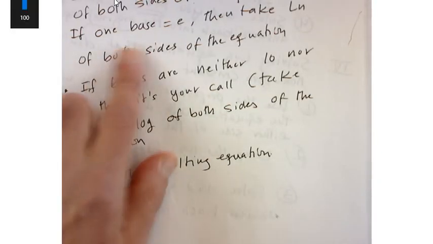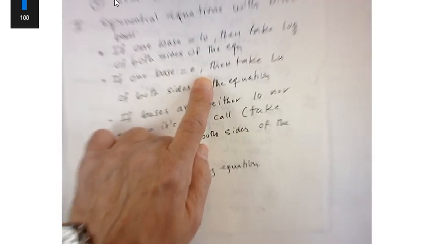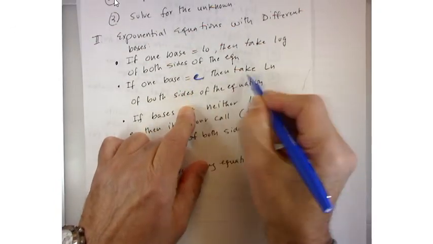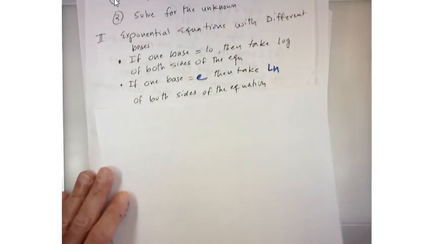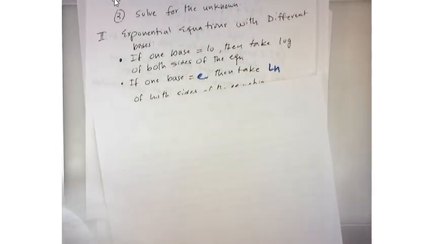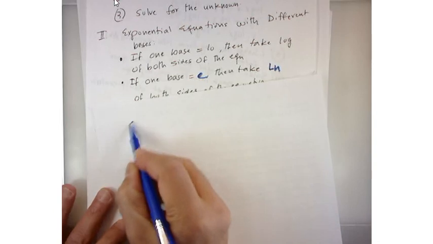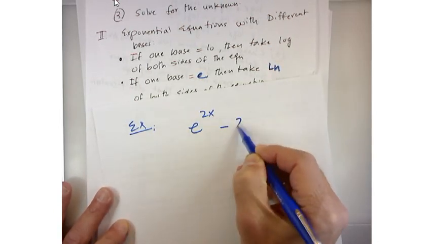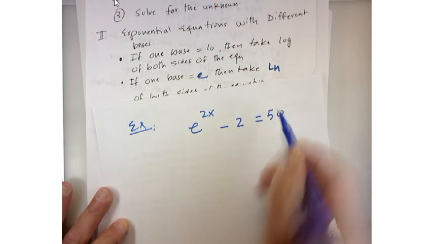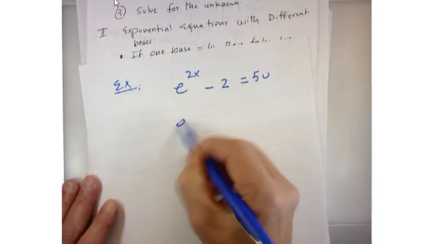If one base is 10, you use log. If one base is e, you use ln because you want to get rid of e. So here's an example about base e. e to the 2x minus 2 equals 50. So we want to isolate e to the 2x first.